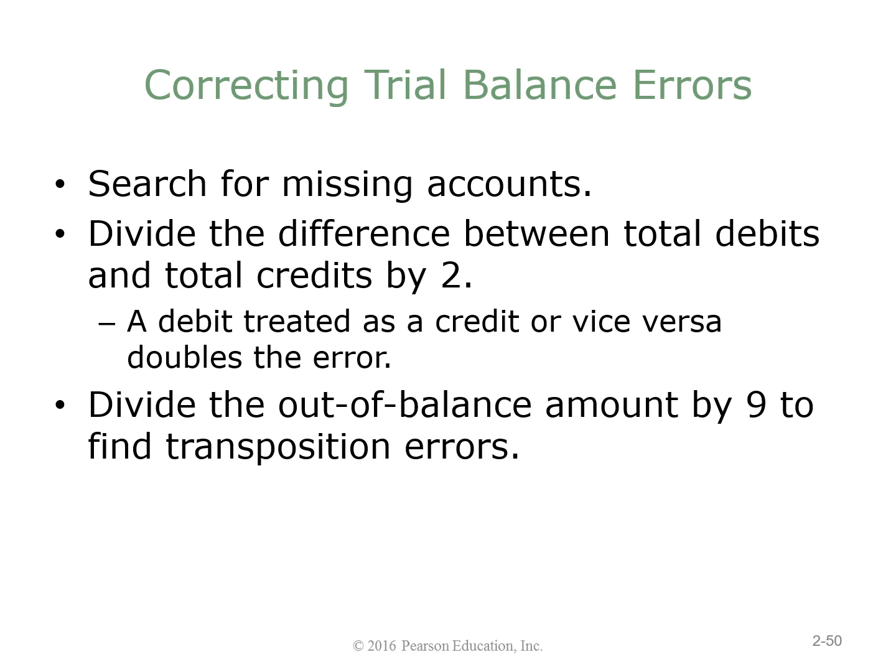So actually, if you have a problem that the two sides of the trial balance are not equal, we have to search for the missing account. Some theories say that dividing the difference between the total debit and total credit by 2 means a debit treated as credit, or vice versa, doubles the error.